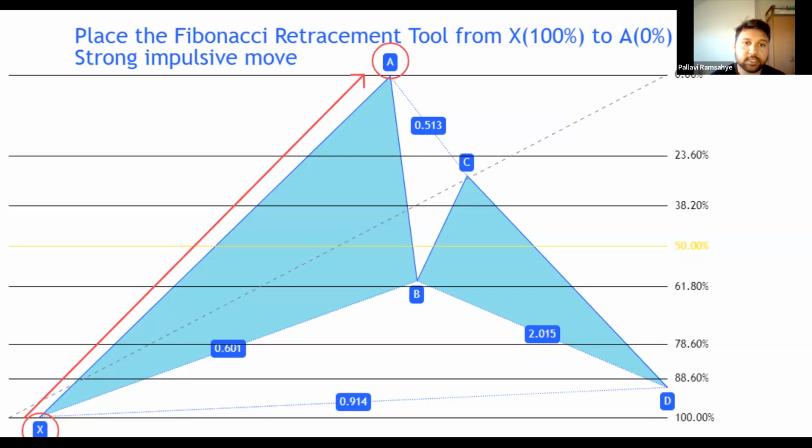So for the Gartley pattern, same as the other previous patterns, we're looking for X to A. Because this is a bullish pattern, we're looking to take it from low to high. Perfect, a lot of people got that correct. So that's the first thing that we're looking for in this pattern.